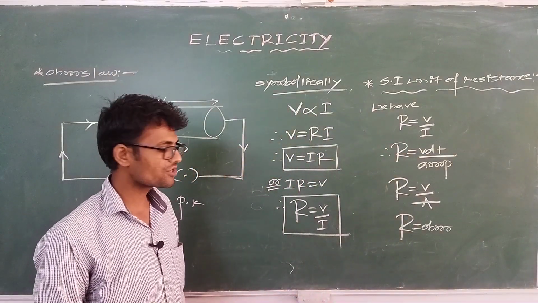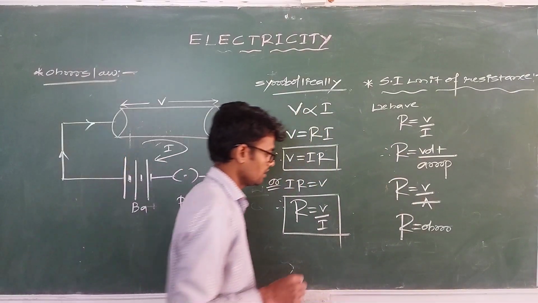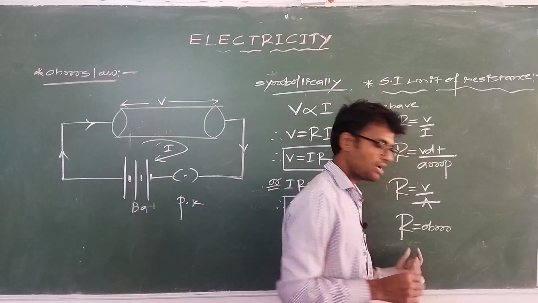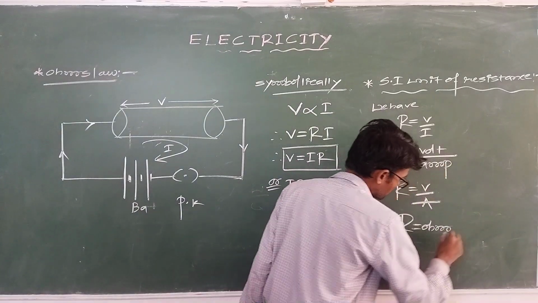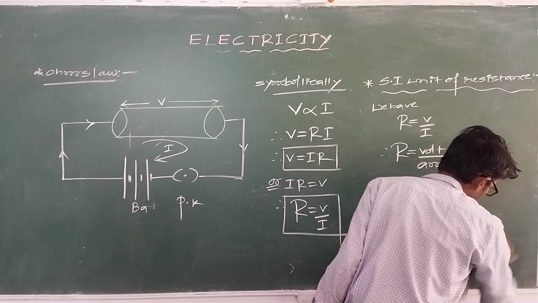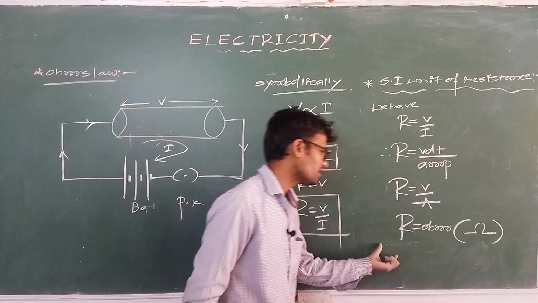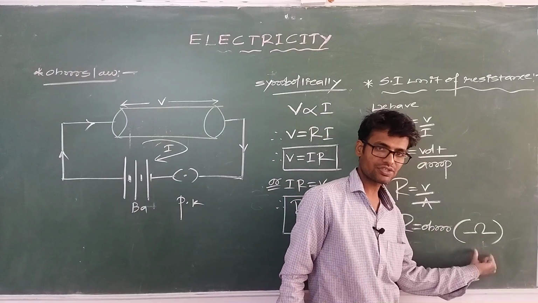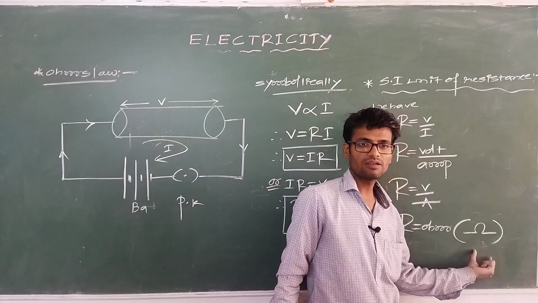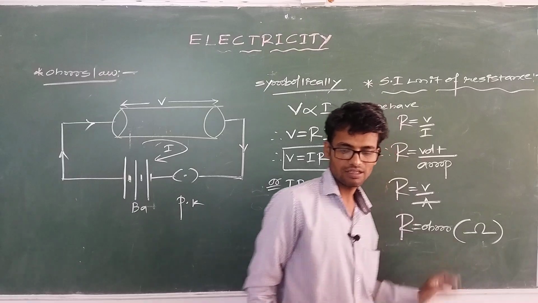Therefore the SI unit of resistance is the ohm, and its symbol is like this. Remember, the SI unit of resistance is ohm, and its symbol is like this.